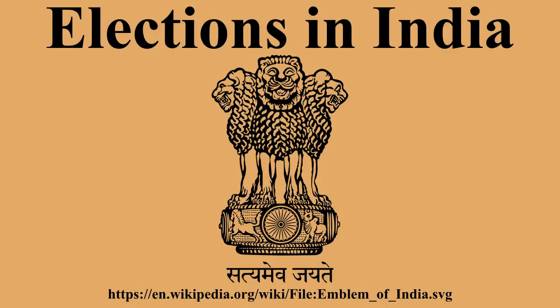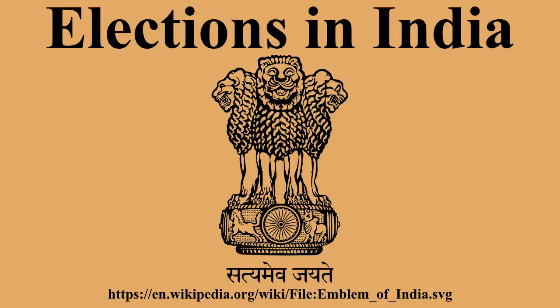AIADMK, All India Anna Dravida Munnetra Kazhagam. BJP, Bharatiya Janata Party. AAP, Aam Aadmi Party. BJS, Bharatiya Jana Sangh. BLD, Bharatiya Lok Dal. CPI, Communist Party of India. CPM, Communist Party of India (Marxist). INC, Indian National Congress. JD, Janata Dal.